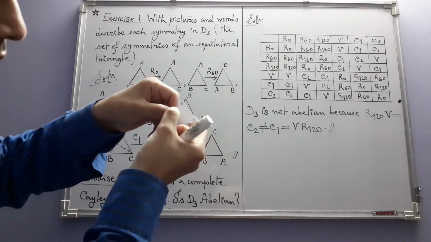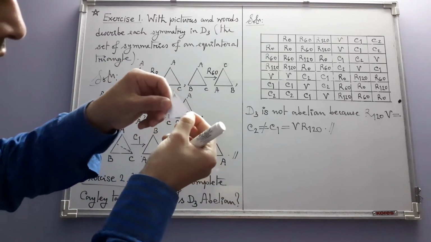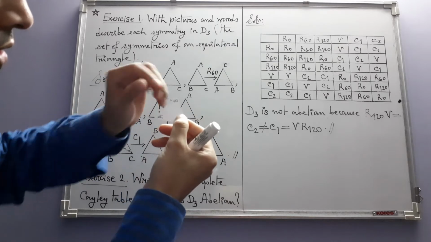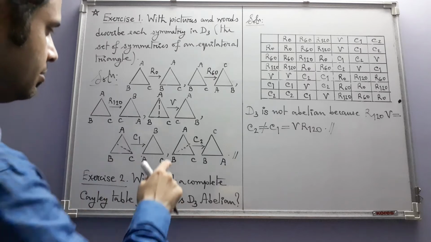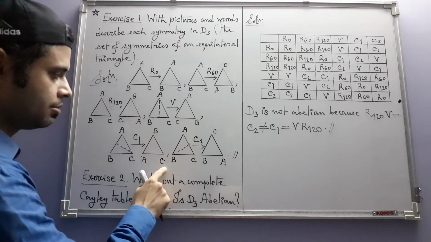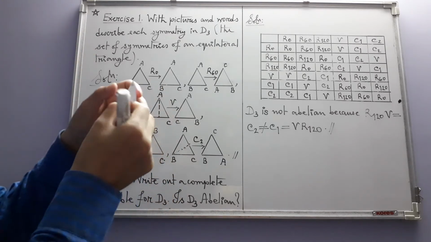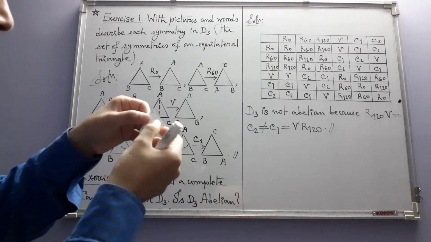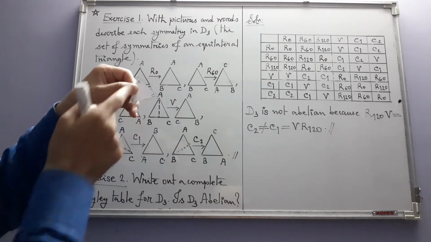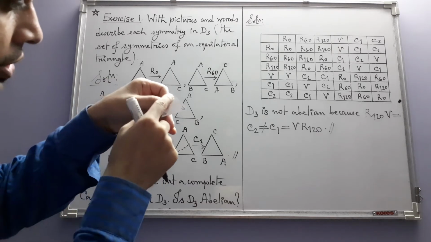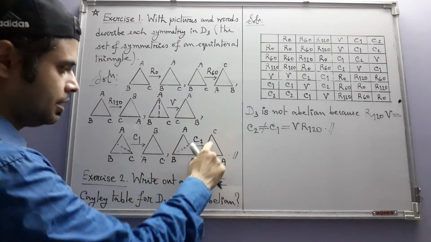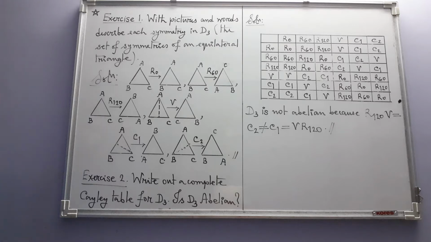If this is my axis of reflection, if I reflect like this, I get BAC. However, if this is my axis of reflection, then I get CBA.